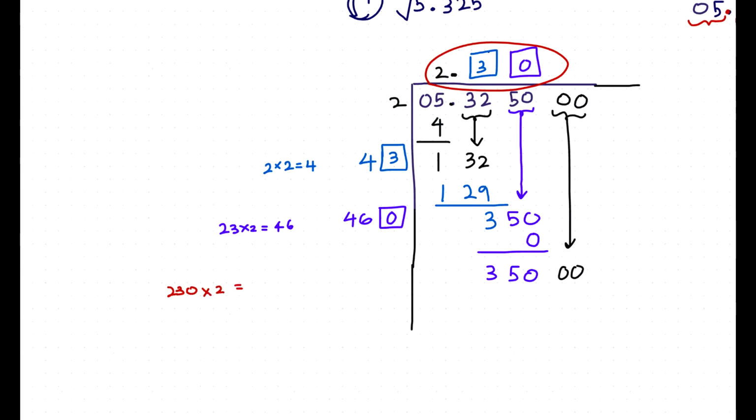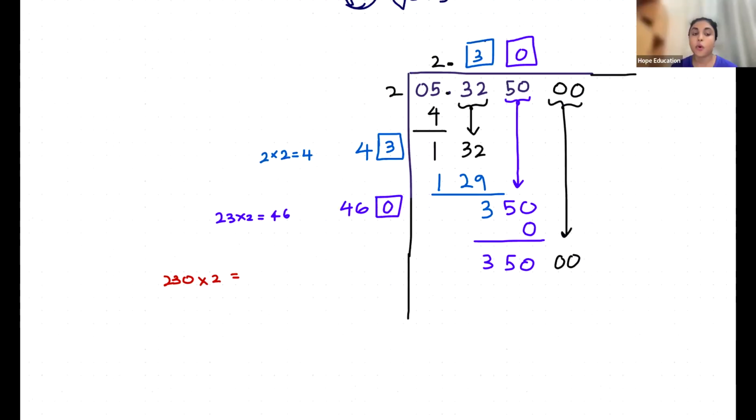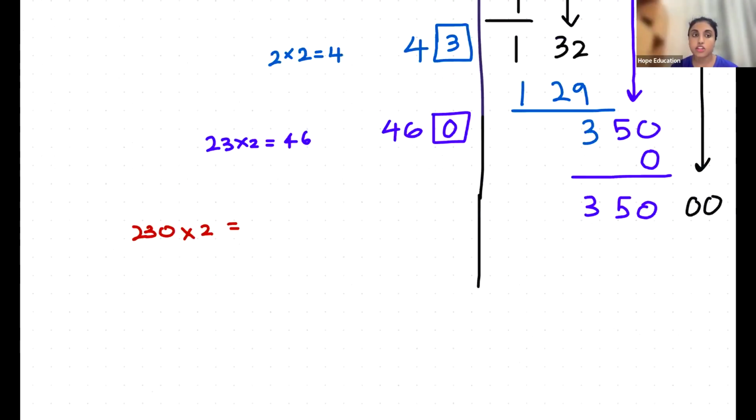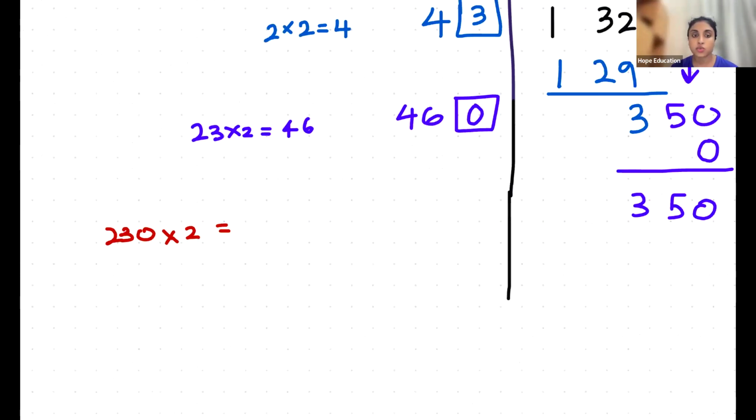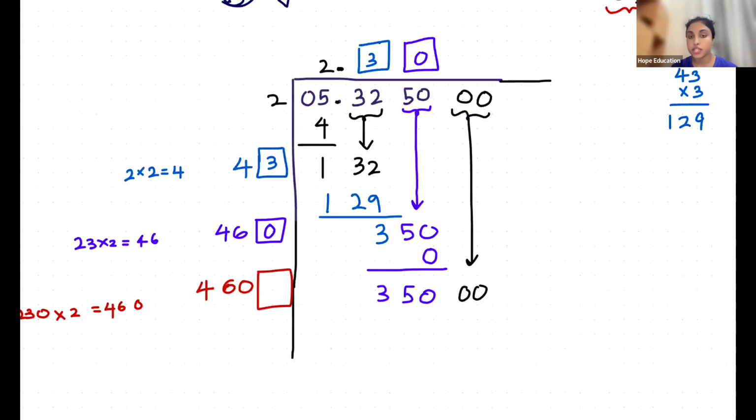Yes, 460. 2 times 0 is 0, 2 times 3 is 6, and 2 times 2 is 4. So I get 460. Then I put 460 here, and I need to put another number here. That same number I should put here. Now let's experiment with different numbers and see.